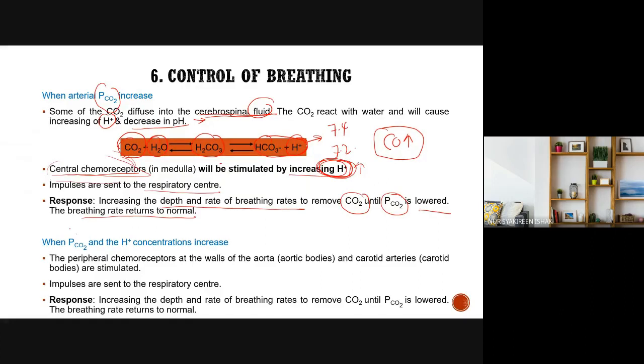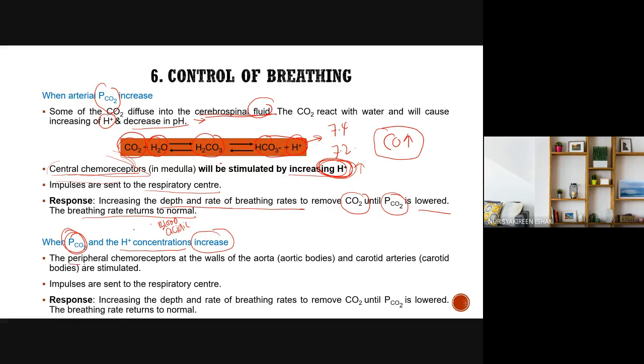So when carbon dioxide concentration or partial pressure and the hydrogen ion concentration increase, the blood is acidic. Your body produces more carbon dioxide, and your blood becomes more acidic due to more hydrogen ions produced.